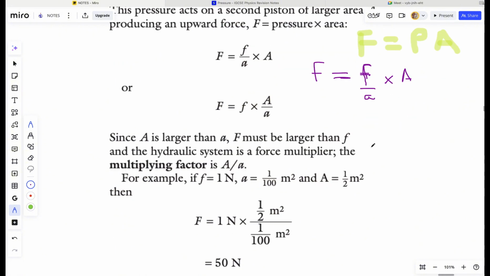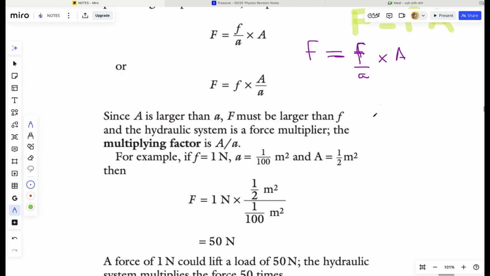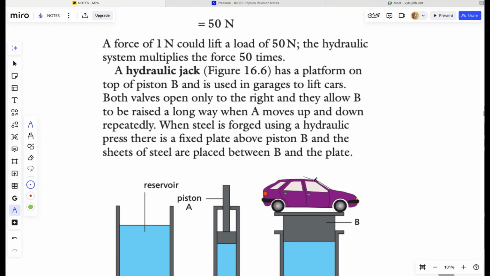So you can do a lot of assumptions and calculations. Here you have A over A, so you can rewrite it and say F equals f times big A over small a. So there are many things that we can play with here.